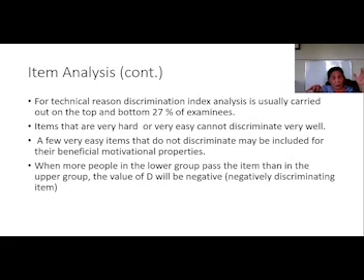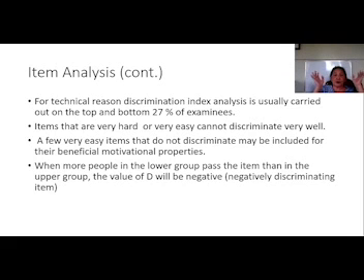In the upper group it is 2. What's going to happen? 2 minus 8 divided by, let's say the split number is 10, divided by 10. What's going to be the result? It's a negative. And we call that a negatively discriminating item. And it has got to be rejected because it has no value.